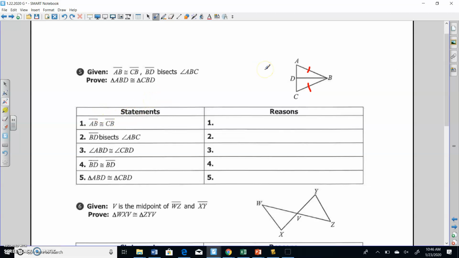For a pair of sides, we only have 3 ways to justify it. Either it's given, or it's reflexive, or we have a midpoint. In this case, it's given, so we're going to put given as our reason. And then there's nothing else I could mark on this triangle, so I'm going to go to the next statement.